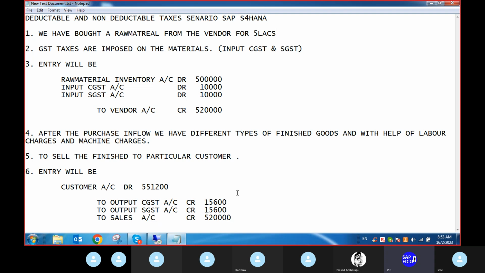So if it is more than the output taxes, automatically you will take out the exemptions from the central government or any government of states, any government of countries.